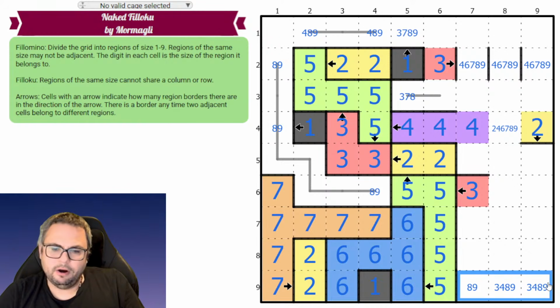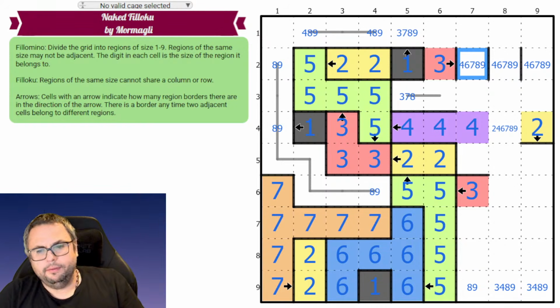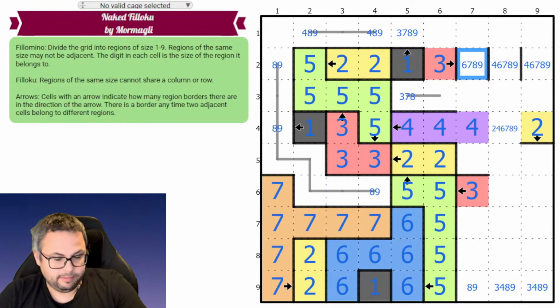I think I could probably argue we can't have an 8 and a 9 down here, but I don't want to. Oh, this number can't be 4. I agree with Amir. So this is a 6, 7, 8, or 9.